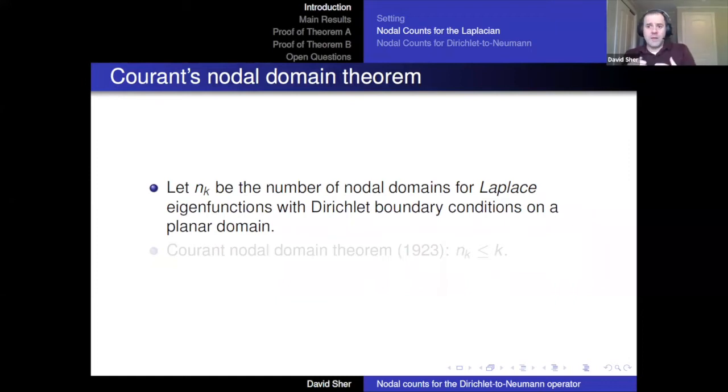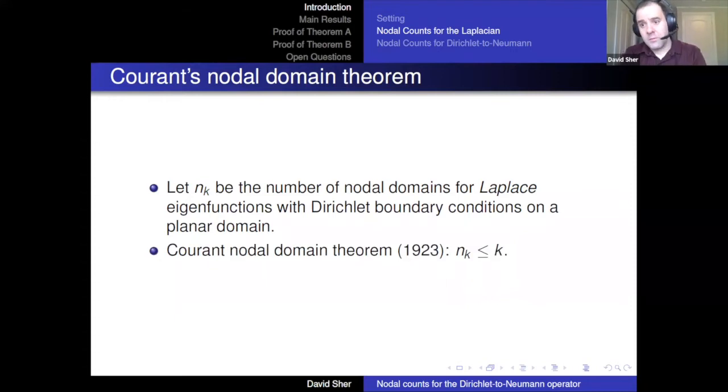So in order to explain what we're doing, I do want to go back and talk about the basic result on nodal counts, which is, of course, the Courant nodal domain theorem. Just to keep the notation distinct, I'm letting little n_k be the number of nodal domains for Laplace eigenfunctions, Dirichlet boundary conditions, planar domain.